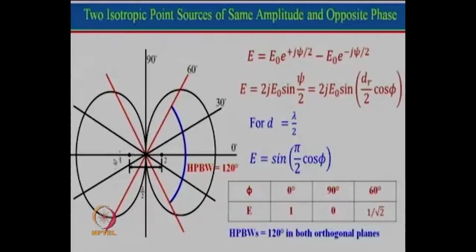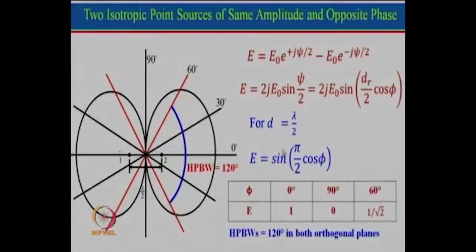So for the first element, the value will be E0 e to the power plus j psi by 2, which is the distance here. Now the second component, since it has a negative amplitude, has a negative E field term. So now we can combine these two. So instead of cos psi by 2, now the term will be sin psi by 2, and this can be further expanded. Psi we can put the value, which is beta d by 2 cos phi.